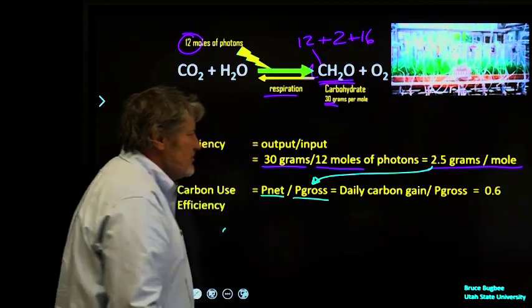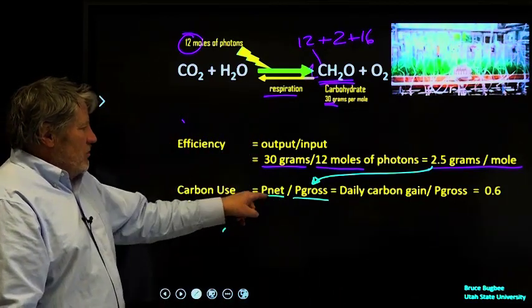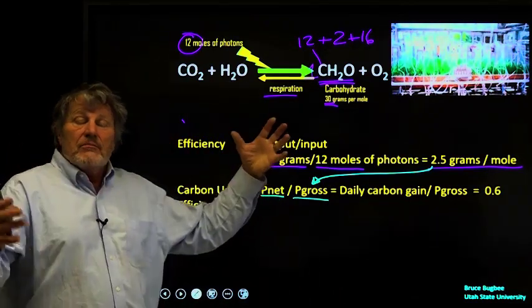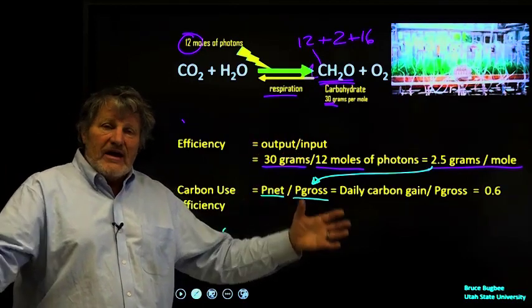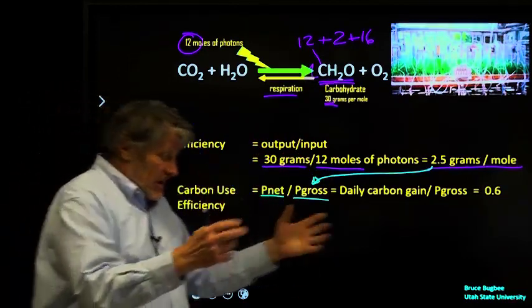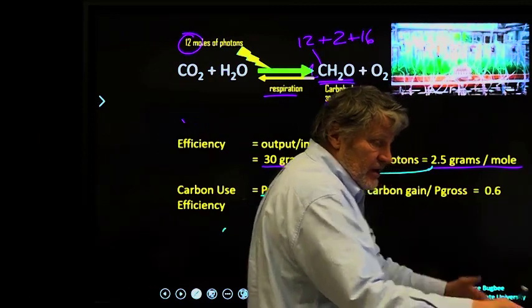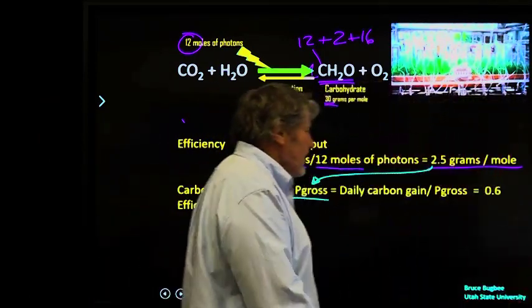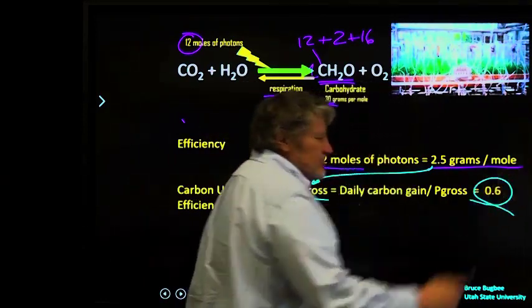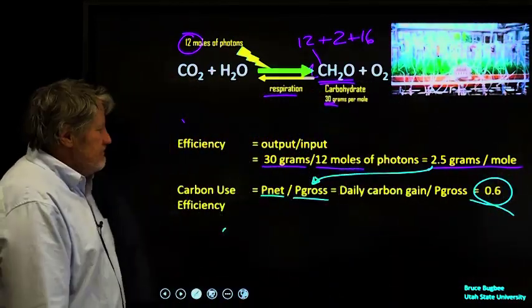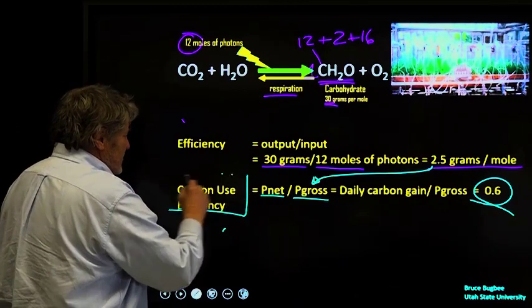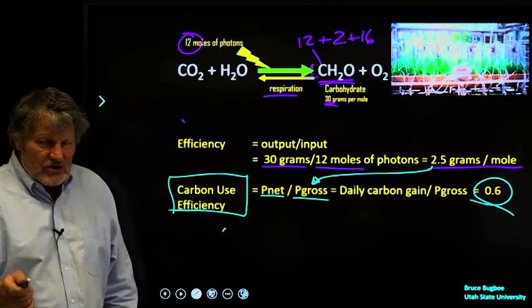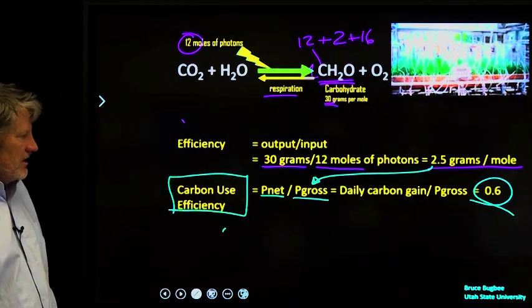But when we take net, which is the weight of the plant after 24 hours, fixed in the day, it takes a couple steps forward in the day, respires at night. Couple steps forward in the day, respires at night. We get 60% efficient. This is the carbon use efficiency. It's not exactly respiration efficiency, it's carbon use efficiency.